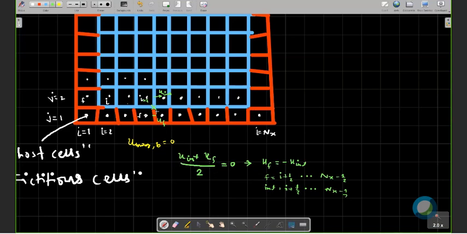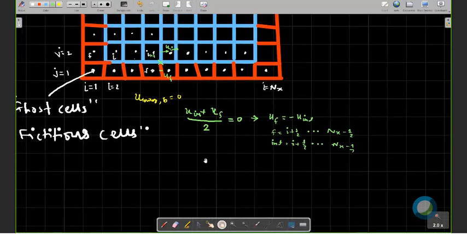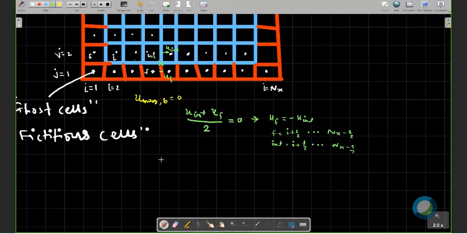Suppose you have another boundary condition, del p prime del y equals 0, that needs to be implemented. Delta y in this case is the distance between two cell centers. So how do you do that?